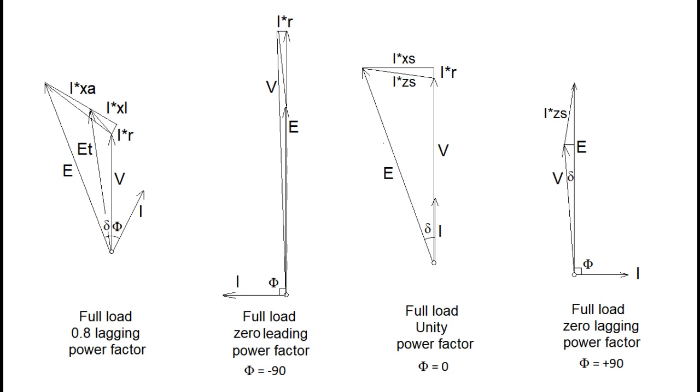This phasor diagram would be altered if we change the load current value or the load power factor value. If the magnitude of load current changes, the magnitude of all voltage drops changes and the power factor changes various angles between voltage drops and other voltages.